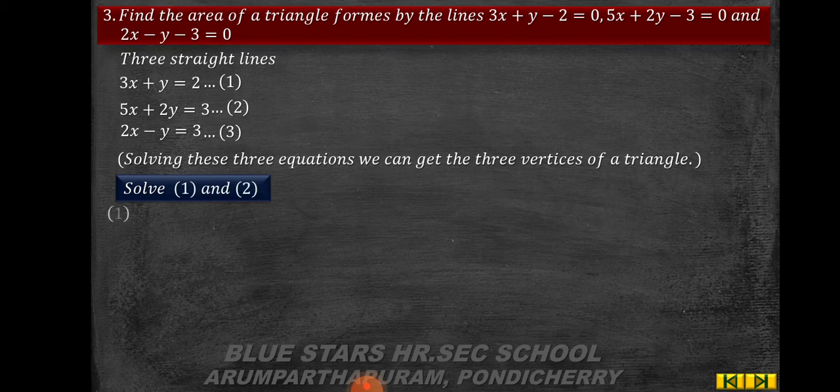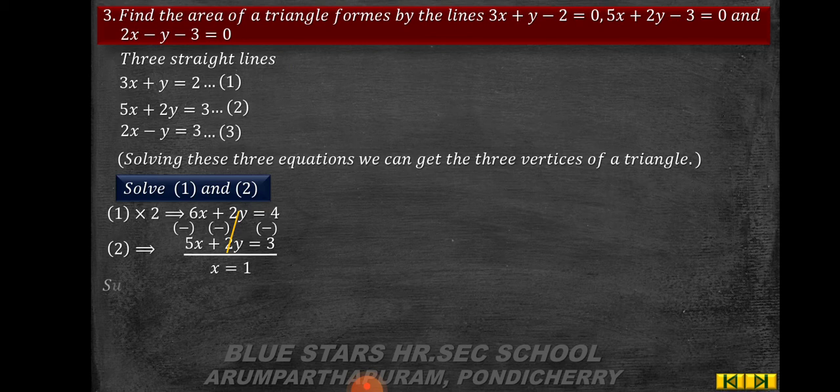Solve 1 and 2. So, equation 1 should be multiplied by 2. We get 6x plus 2y is equal to 4. Then second equation, 5x plus 2y is equal to 3. Then change the sign, minus will become plus. Next step is plus 2y minus 2y gets cancelled. You get 6x minus 5x is x, which is equal to 4 minus 3 is 1.